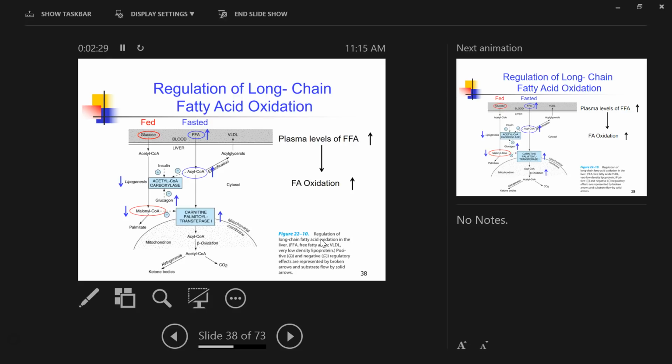With lower malonyl-CoA levels, we have increased CPT1 activity, which will help transport more fatty acyl-CoA from cytosol to mitochondria for beta oxidation. So this is the mechanism.